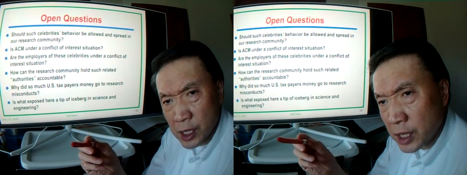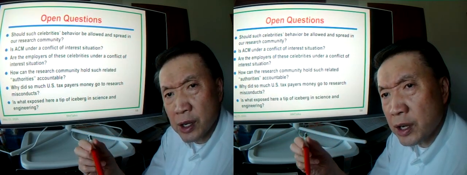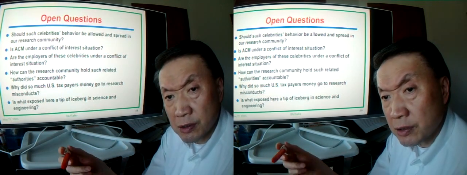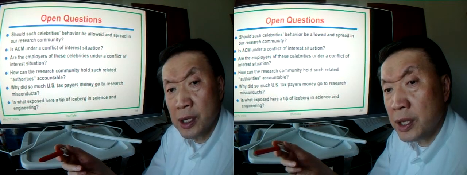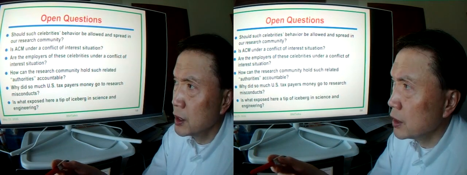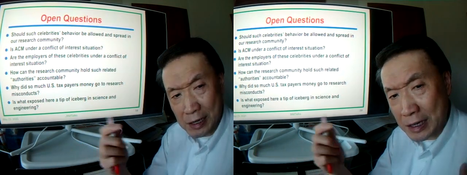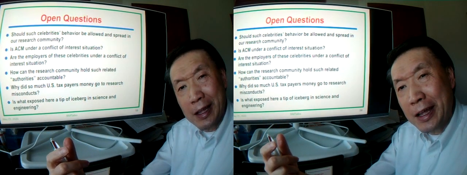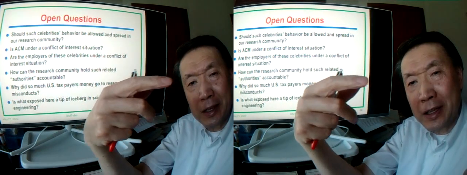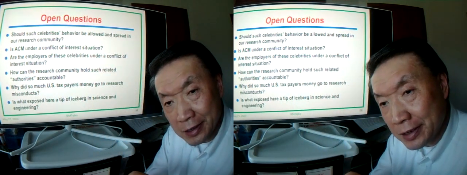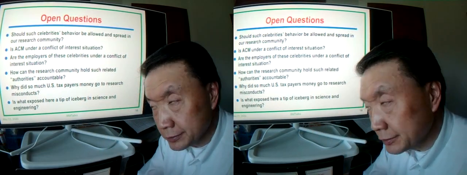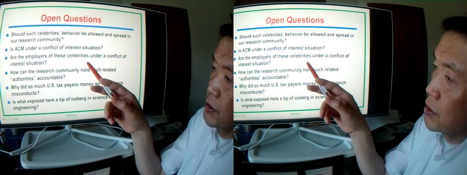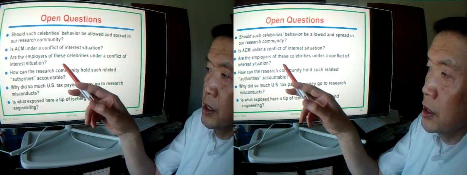And do they think that they should hire an external independent investigator to investigate, or just hire somebody in the university to investigate? It's like you want to fight corruption. Say, the left hand is corrupted and the right hand investigates the left hand. You are controlled by the same brain. How can the research community hold such related authority accountable?